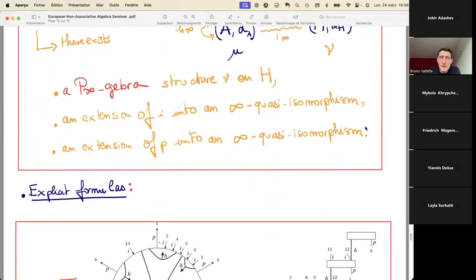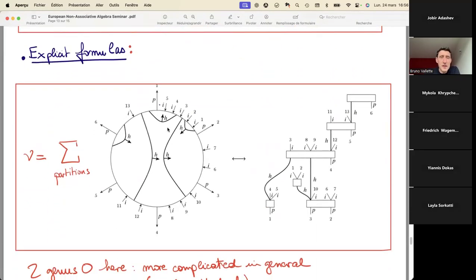We have explicit formulas, so let me give you the explicit formula for the transferred V infinity, infinitesimal homotopy bialgebra, or double Poisson homotopy. What is the transferred structure? You take your roundabouts and you take the sum of all the partitions, okay? How do you interpret that?